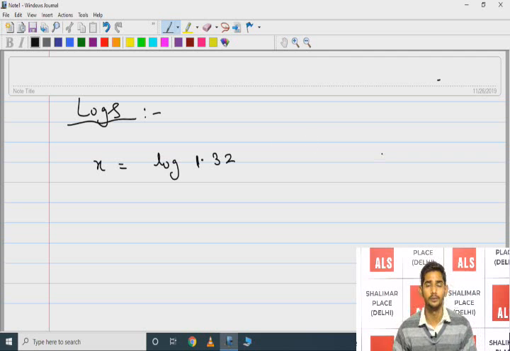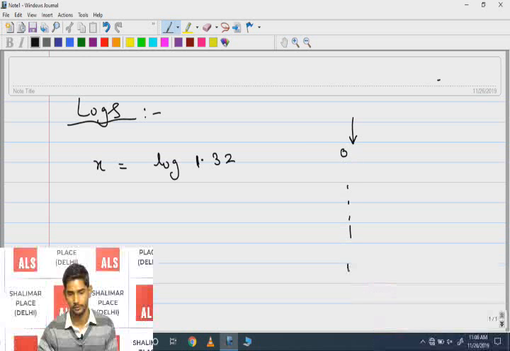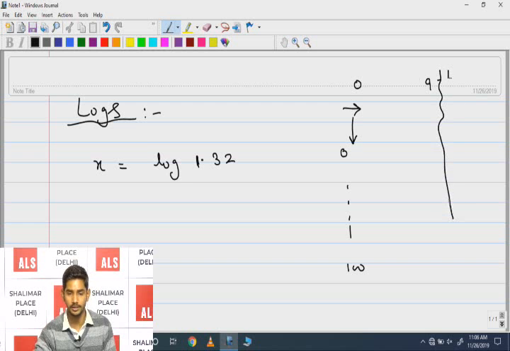You can check out the log table. You will get one vertical column with values from 0 to 100, and a horizontal row with values from 0 to 9, and then again values from 1 to 9.